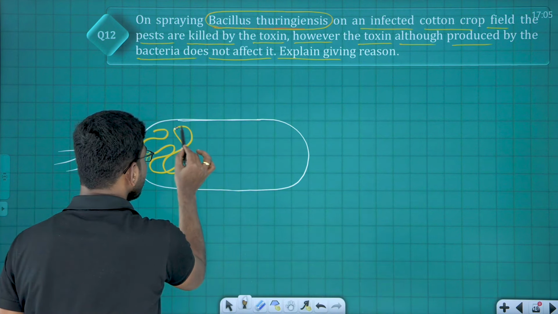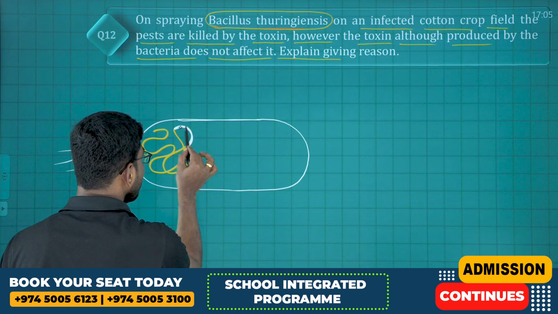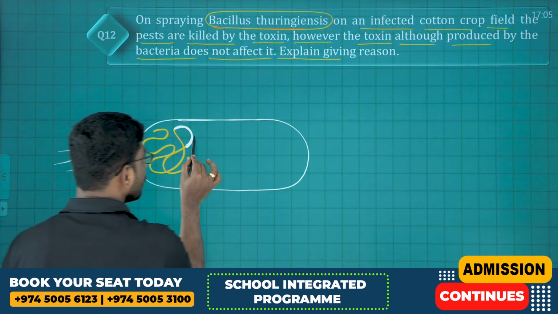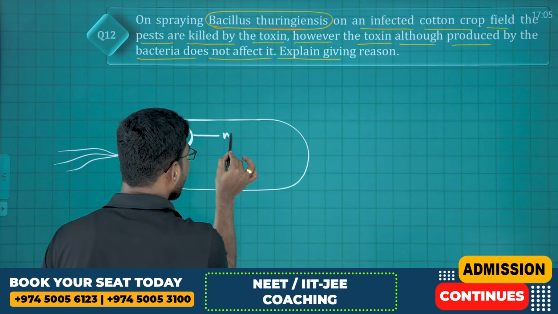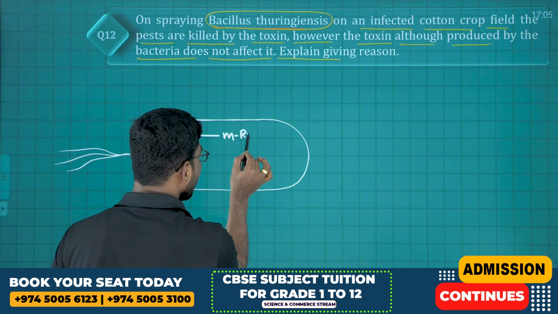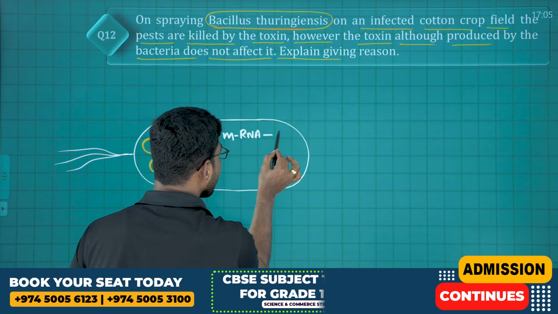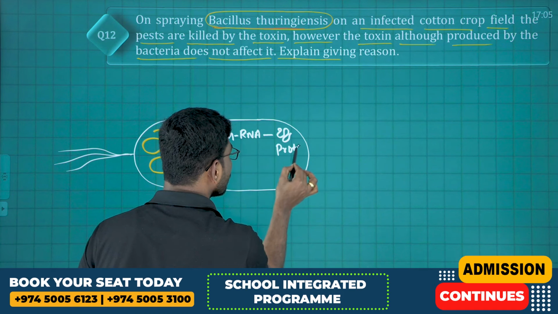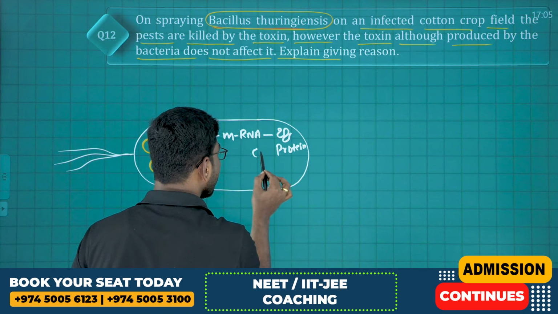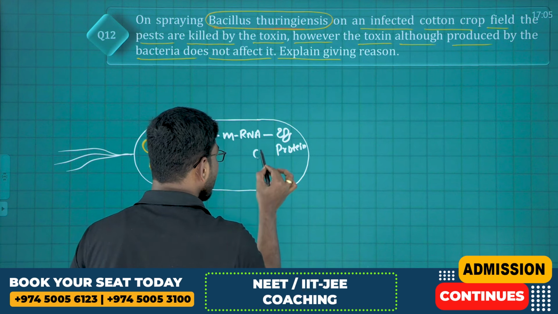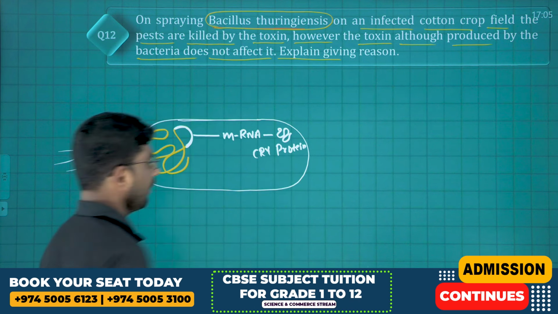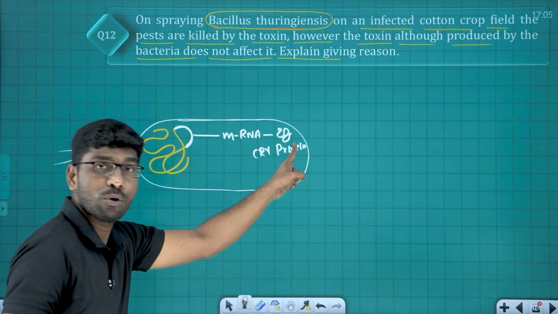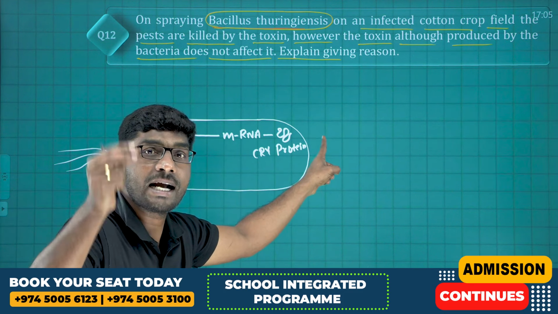This gene is called the cry gene. This cry gene undergoes transcription to form mRNA, and this mRNA is translated to form a specific protein. This protein name is called what? Cry protein. Fine. This cry protein is in the form of an inactive protoxin.